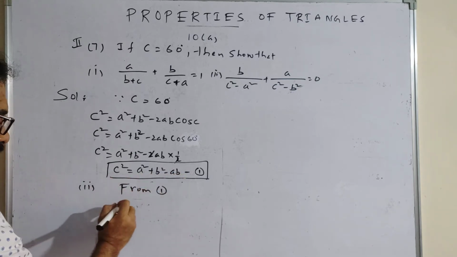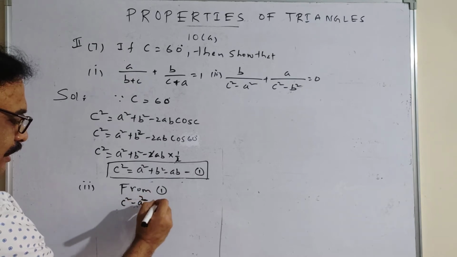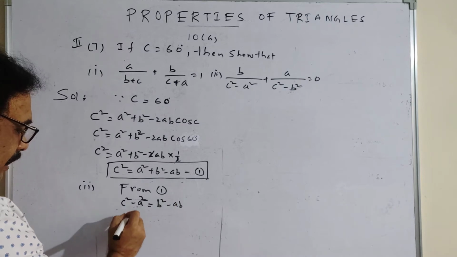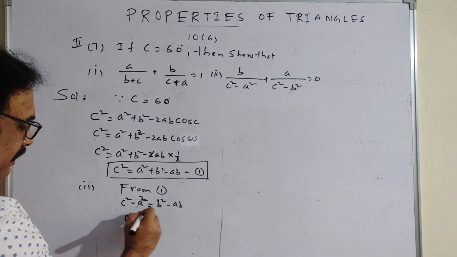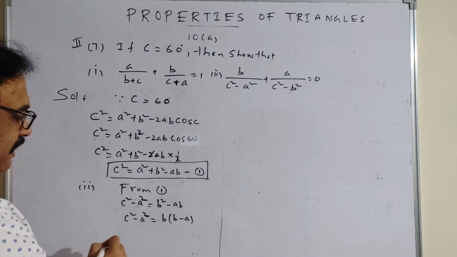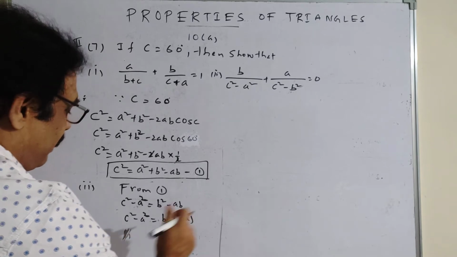I am taking a square to the left hand side. c square minus a square is equal to b square minus ab. Now c square minus a square is equal to, if I take b out common, b into (b minus a). Similarly, again I am making use of result 1 only.